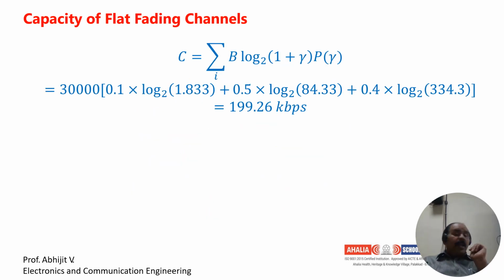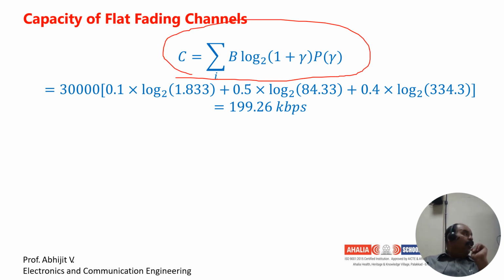So after we have calculated, now we are calculating the capacity C. We have seen that capacity C is nothing but summation of B into log to the base 2 1 plus gamma, into P of gamma.